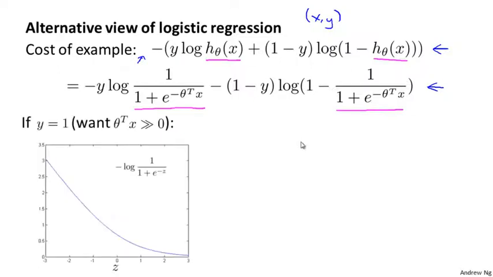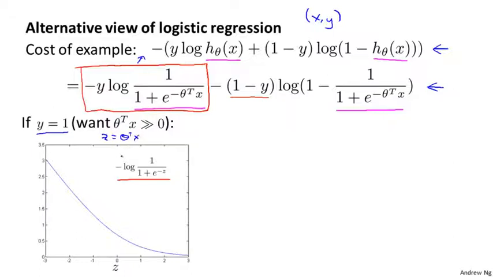Now, let's consider the two cases of when y is equal to 1 and when y is equal to 0. In the first case, let's suppose that y is equal to 1. In that case, only this first term in the objective matters, because this 1 minus y term will be equal to 0 if y is equal to 1. So when y is equal to 1 in our example x comma y, what we get is this term, minus log of 1 over 1 plus e to the negative z, where, similar to the last slide, I'm using z to denote theta transpose x.